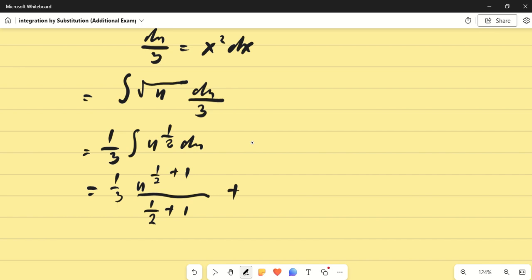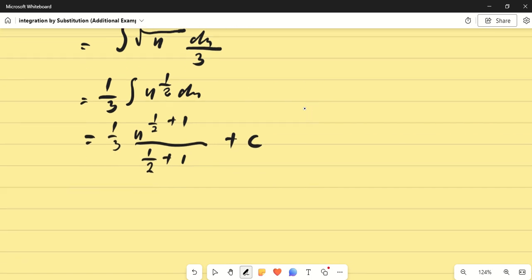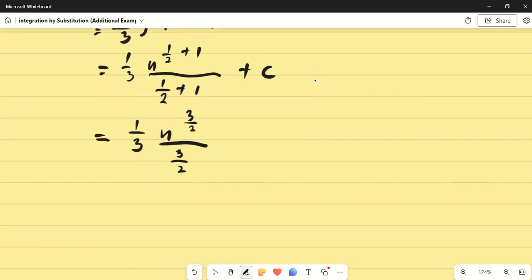Then of course, you'll be adding your arbitrary constant c. Okay, so here we simplify our answer. You have 1/3 u raised to 1 half plus 1 is 3 halves. So you write it here, 3 all over 2, and even in our denominator, 3 all over 2. Then, of course, we'll be adding the arbitrary constant c.